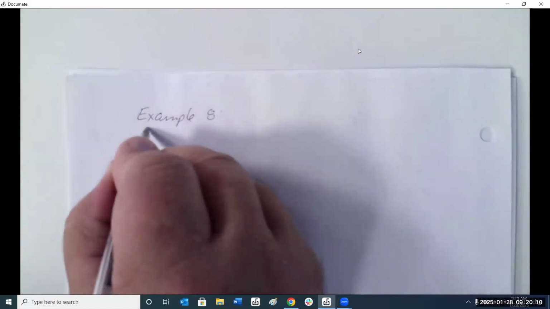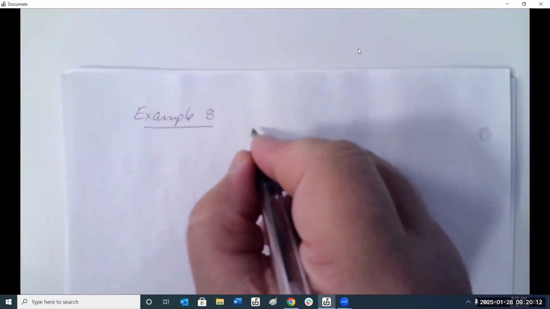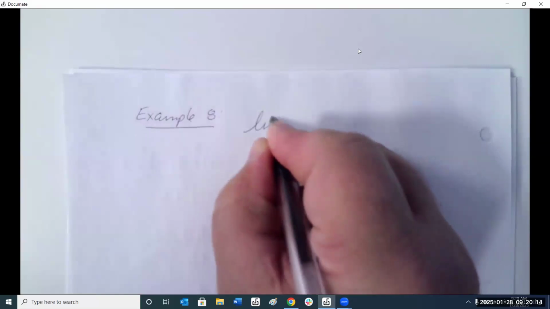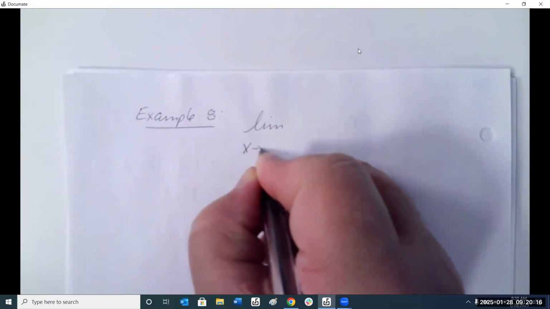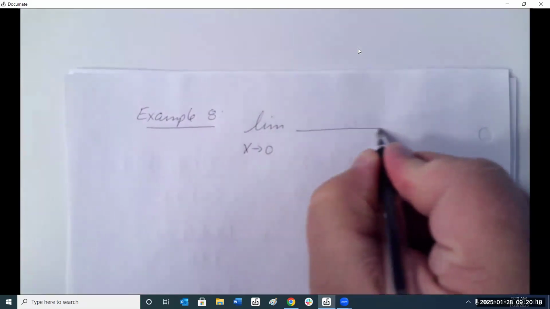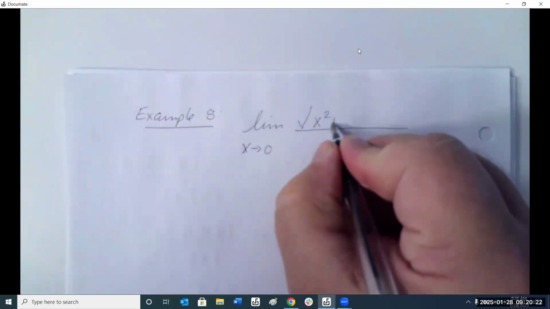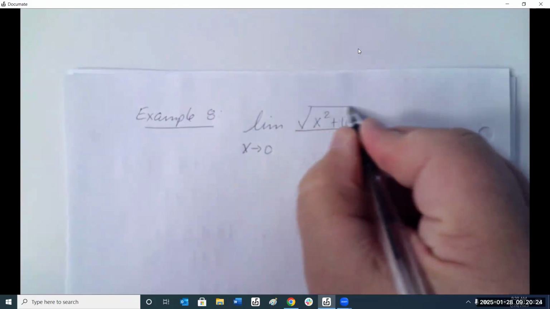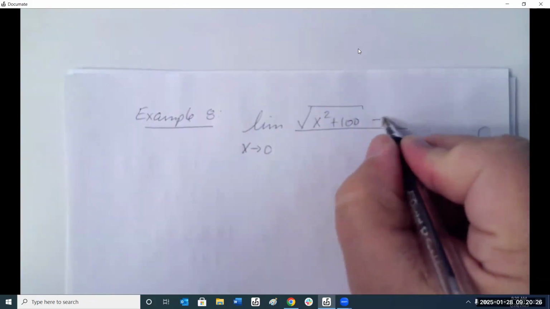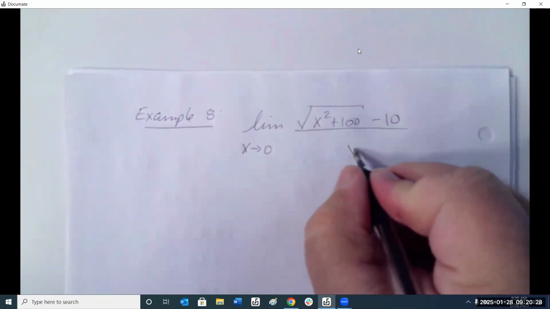Example 8. Find this limit. Limit as x approaches 0 of the square root of x squared plus 100 minus 10, over x squared.